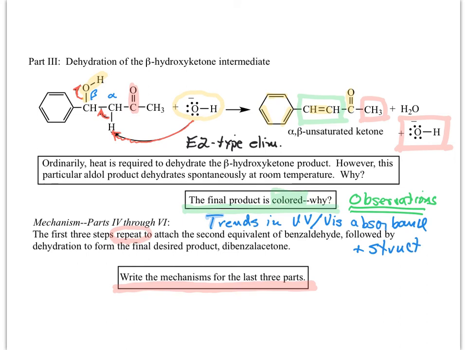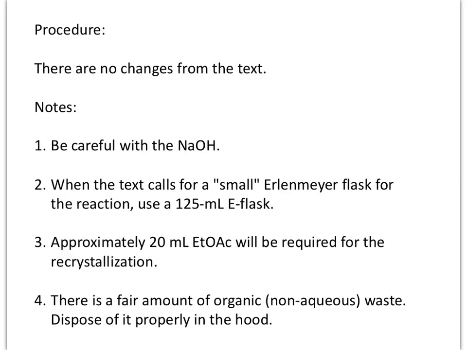So look at the structure of your product and go back to the chapter on UV visible absorbance and use that to explain why we generate a product that has a distinct color from starting materials that are both clear. Okay?